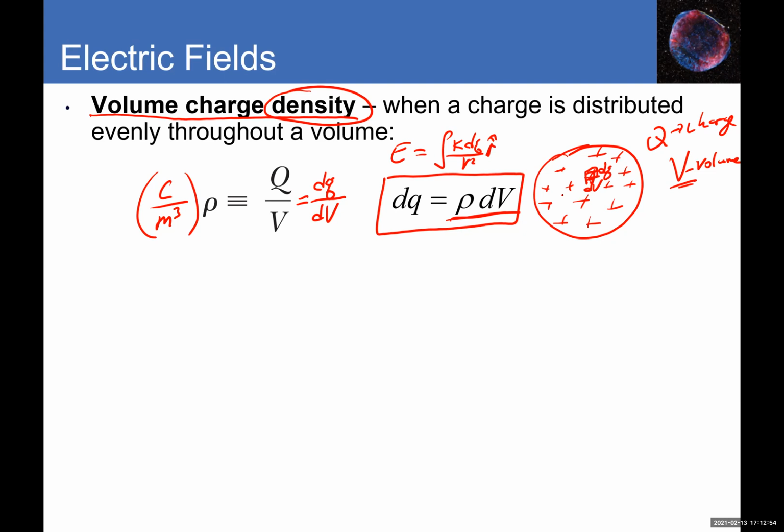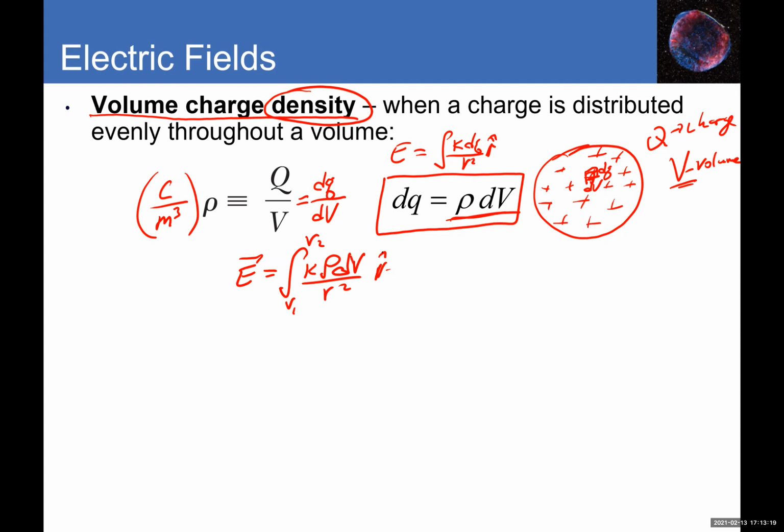That means the electric field is equal to the integral of k rho dV over r squared r hat, going from volume one to volume two, and so on. That means we can change dq into volume.